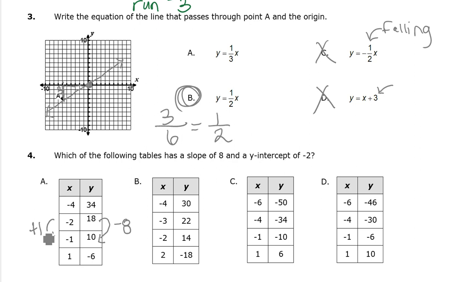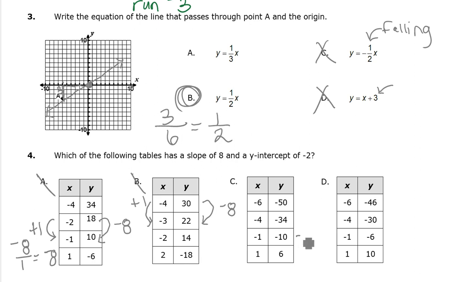So this would be a slope of -8/1 or -8. So A cannot be my answer. B, I can see is decreasing by 8 and increasing by 1. So again, I have a slope of -8/1, which is -8. So B cannot be my answer.